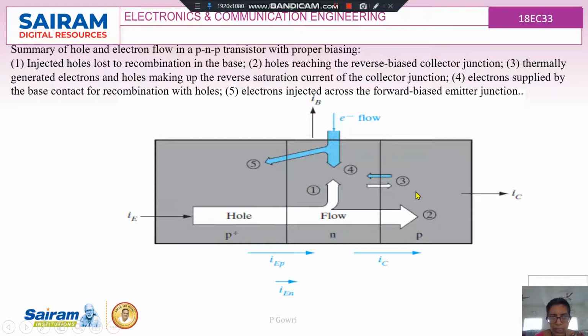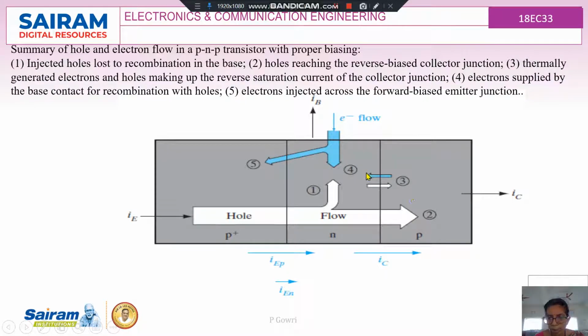The first one is the injected holes present here. The injected holes coming here will be recombining. This recombination will result in the loss of the holes. The next component is the remaining holes, which will be reaching the reverse biased collector region.